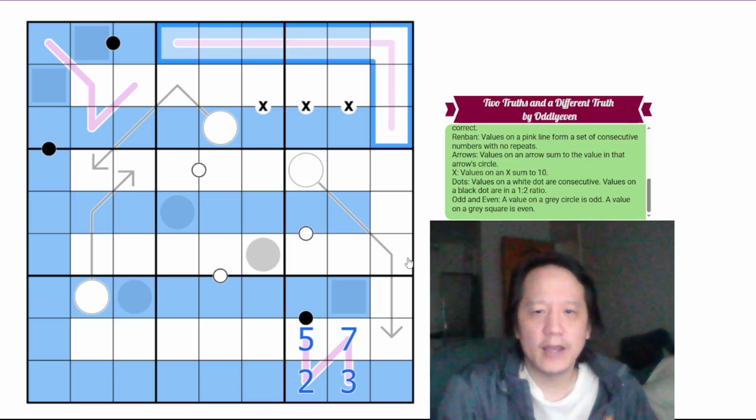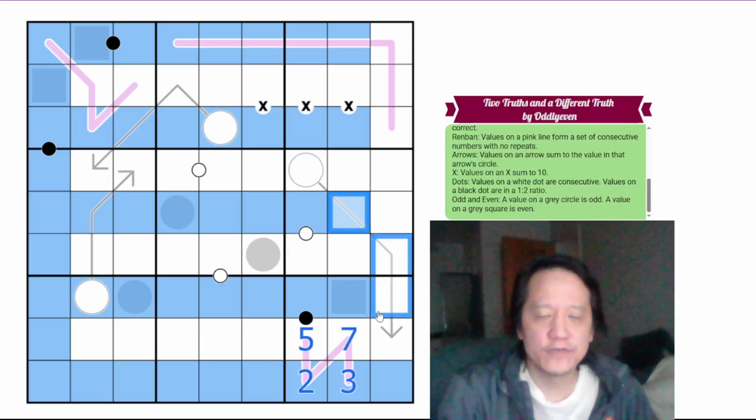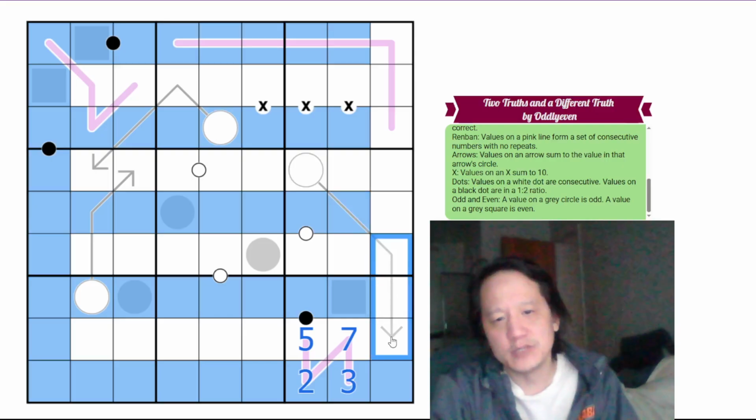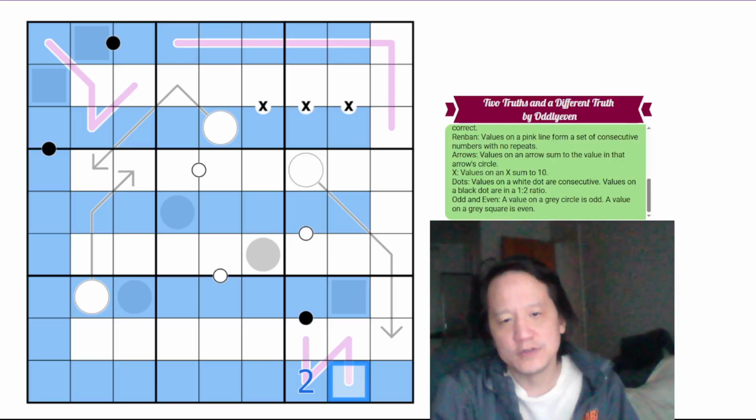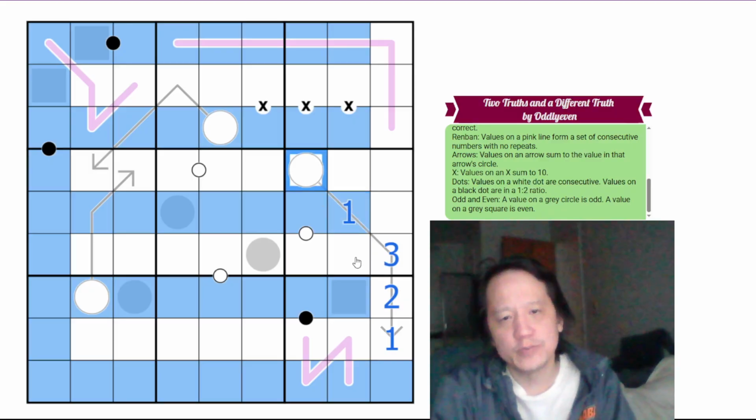We have arrows, where values on an arrow sum to the value in that arrow's circle. So again, say this was actually correct. Let's remove these numbers. We could have 3, 2, 1, and then this is 1. And this would have to be an 8.